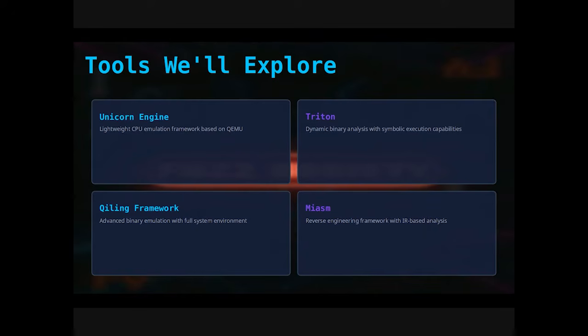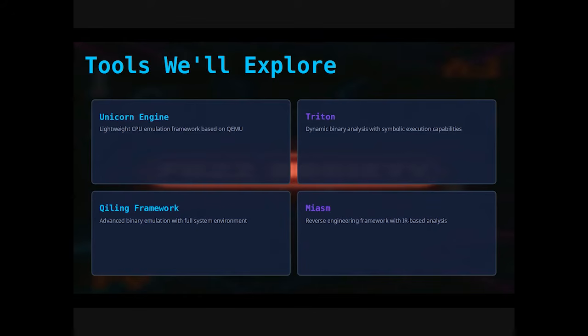Qiling is built on top of Unicorn, and it extends these emulation capabilities, adding full system environment emulation. So we can access files, we can provide hooks for DLLs or for functions from shared libraries in Linux, and it extends this emulation.